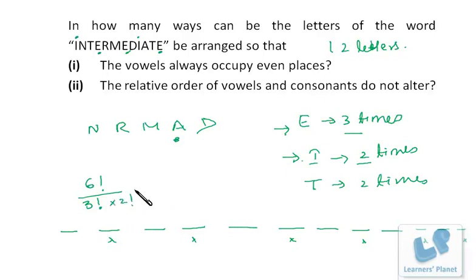This is the arrangement of just the vowels. Now the remaining 6 letters, the consonants, can be arranged in 6 factorial ways, and further T is repeated 2 times, so we divide by 2 factorial. So these are the total number of ways when all the vowels occupy even places. You can solve it and you'll get the answer. So the first part we have done.